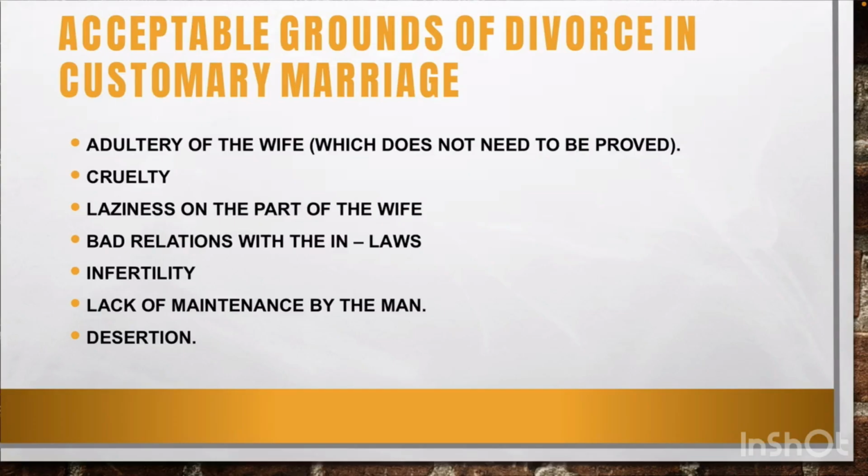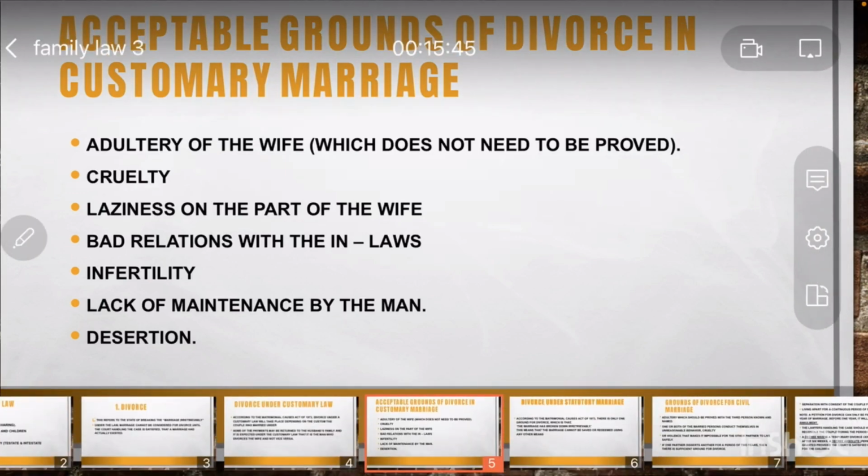Now let us talk about the acceptable grounds of divorce in customary marriage. What are some of the factors that can lead to divorce under customary marriage? The first one is adultery of the wife, which does not need to be proved.